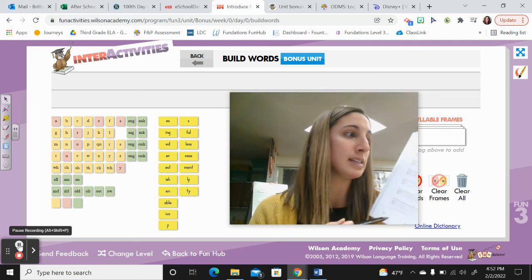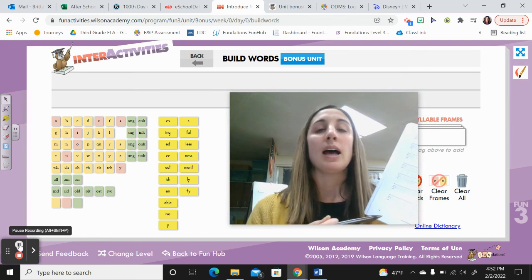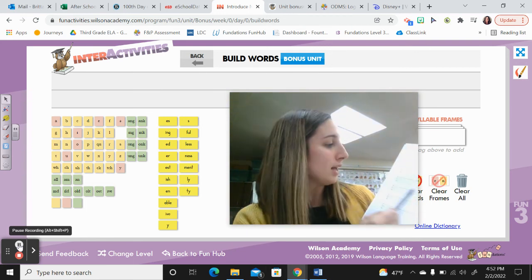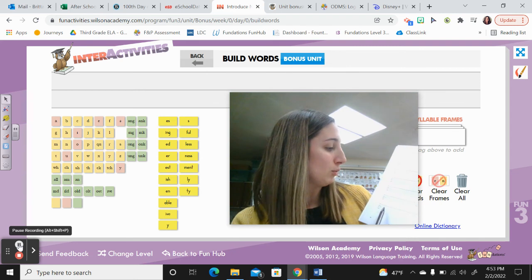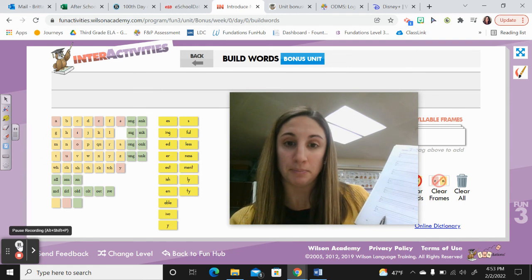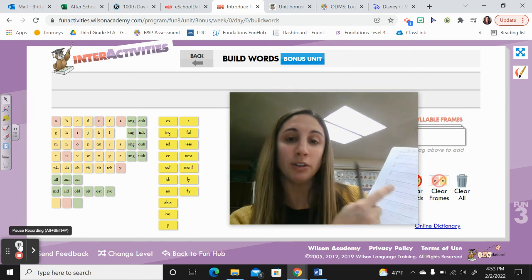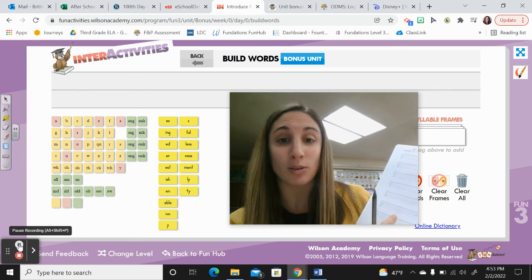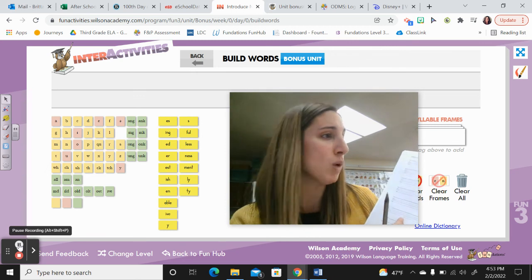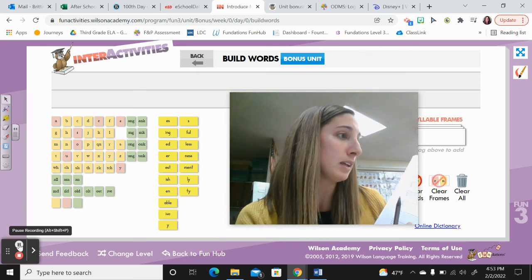Okay, so for example, the word is build. Which one of those Latin roots means build? Touch it with your finger. And if you don't know, check your resource on page 43 in your student notebook. Which one means build?